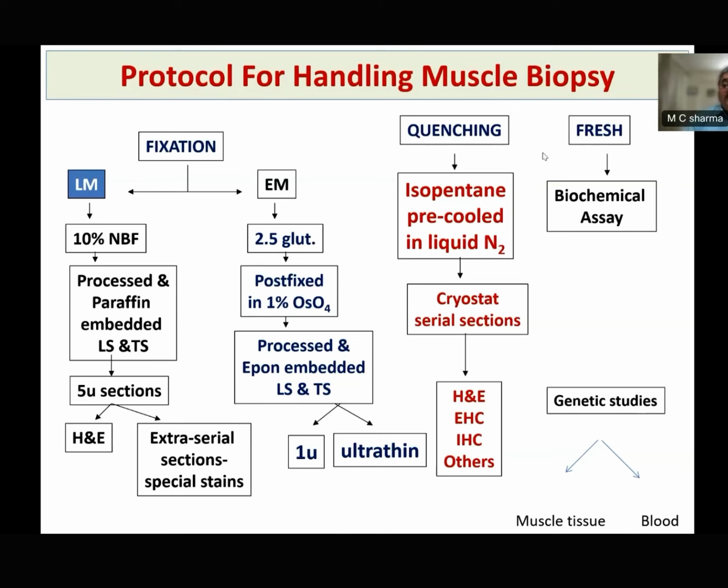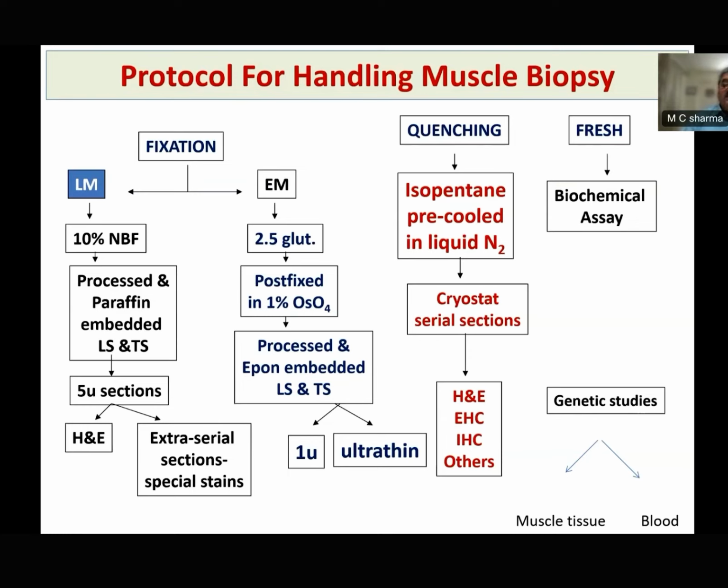Now the other part is electron microscopy. As we know, for electron microscopy the piece should be very small. We use 2.5% glutaraldehyde, and this can be transported to any place. So the smaller the piece, and longitudinal, the better for electron microscopy.